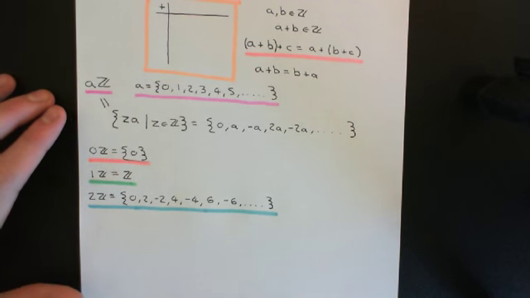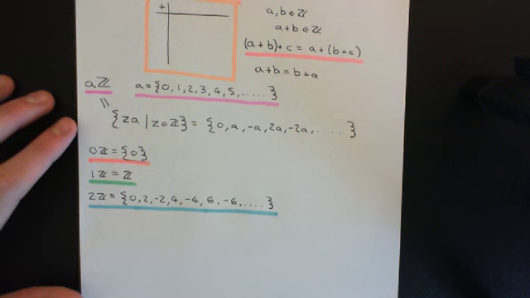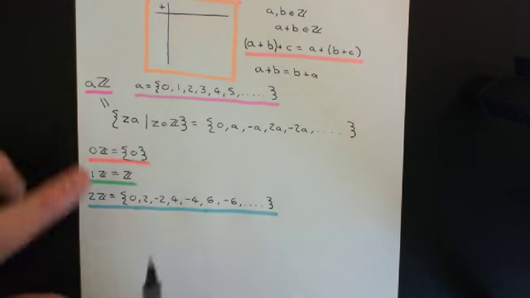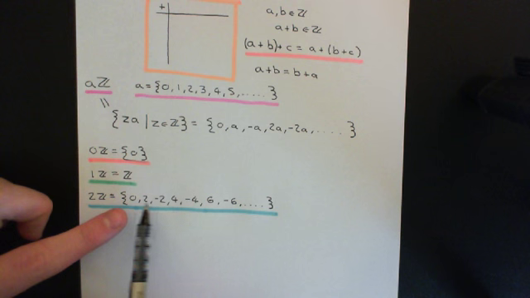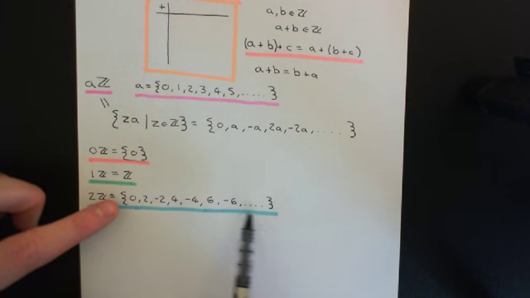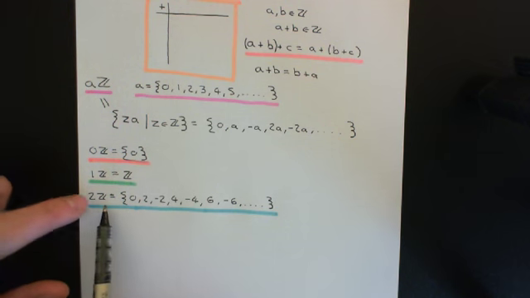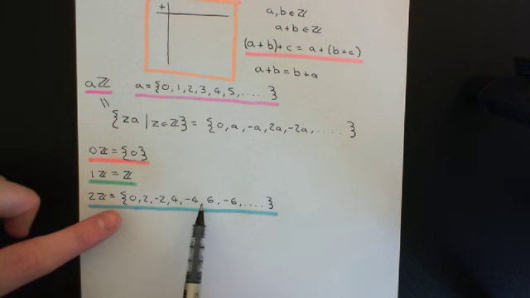Okay, so let's just go through the axioms of group theory then. We need to make sure that it is closed, that it obeys closure. What does that mean? We need to make sure that if you add any 2 elements of this set, 2z, you end up with another element of 2z.